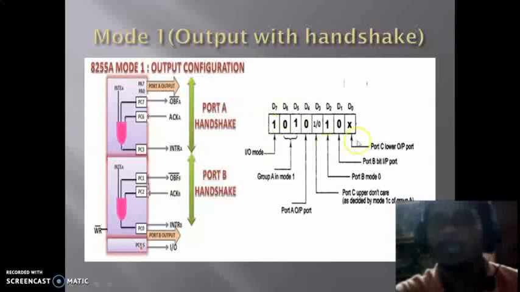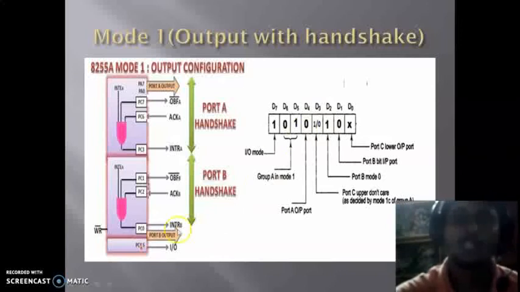Here D0 is used for the handshaking purpose, so that will be don't care. And D1 is used as an output bit, meaning port B is used as output port, so that will be equal to 0. And D2 is the mode selection of port B. Here the mode is 1, so that will be equal to 1. And D3 is the upper port of C, used as input or output.